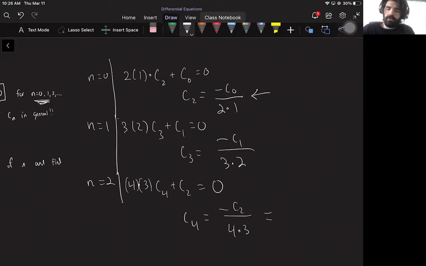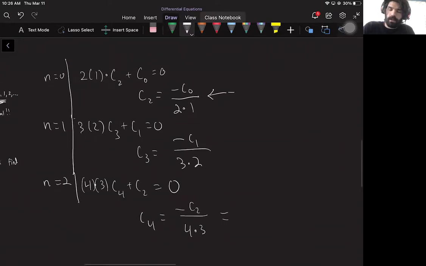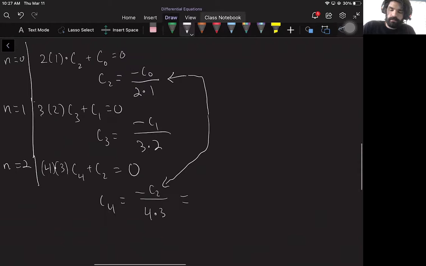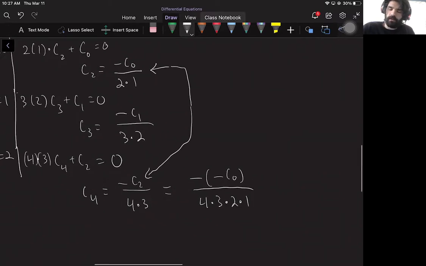Then I can go a step further and use that I already know C2 in terms of C0. If I plug that in there, the denominator just goes underneath, so I'm going to quickly write that 2 times 1 also on the bottom down here. And then it maybe looks a bit familiar, and the negatives cancel.